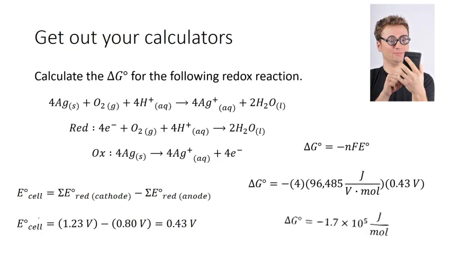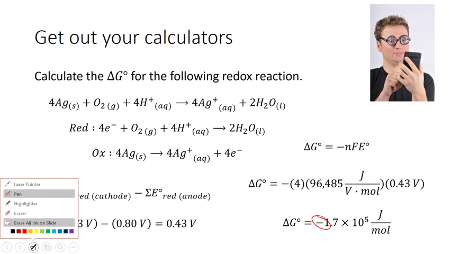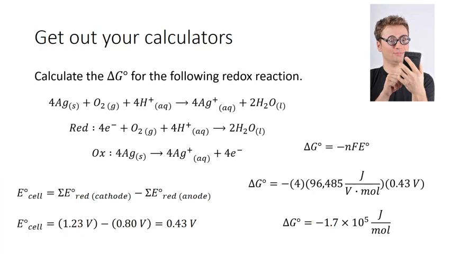And when we do all that, we have a Gibbs free energy of -1.7 times 10 to the 5th joules per mole, which, if you remember about Gibbs free energy, negative is going to tell you that this is a spontaneous process. And since galvanic cells use spontaneous processes to derive electrons, that makes sense.